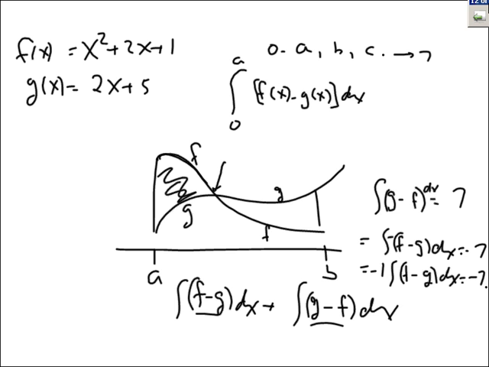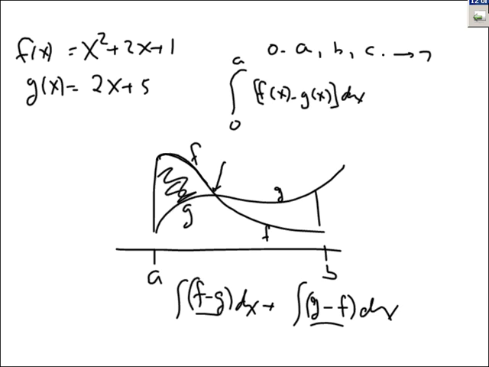So remember, area is always supposed to be positive. If you just take the absolute value of your answer, that will cover your silly error. If you should have done g minus f, and you did f minus g, just take the absolute value.